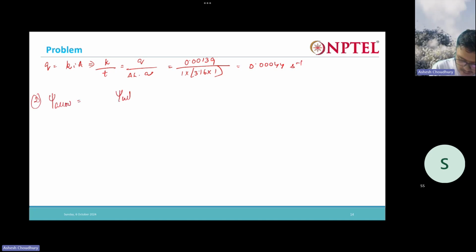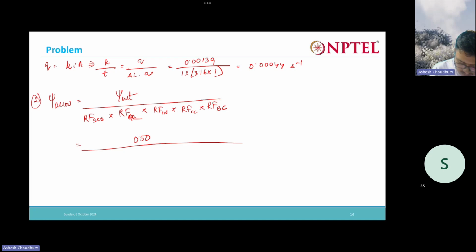Next you have to find the allowable one. So ultimate divided by reduction factors: soil clogging and binding reduction factor, creep reduction factor, intrusion. You can refer to the previous tables, whatever we had discussed.